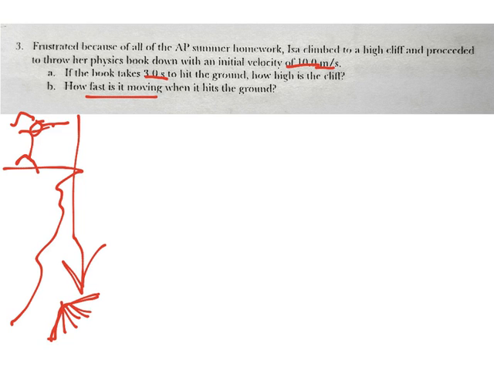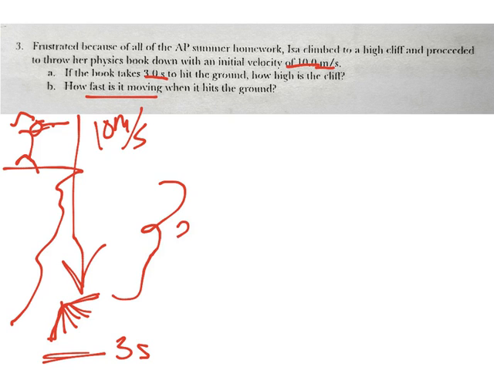It's open. Think of it that way. The book flew open. Anyway, so she threw her book down, and its initial velocity was 10 meters per second. And we also know when it hits here, that is 3 seconds. And we have no idea how tall this cliff is.